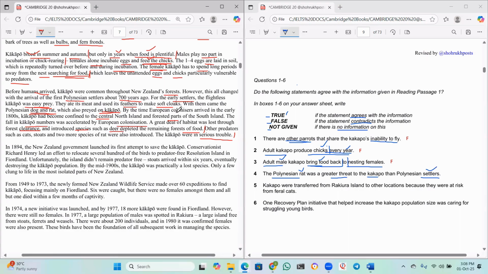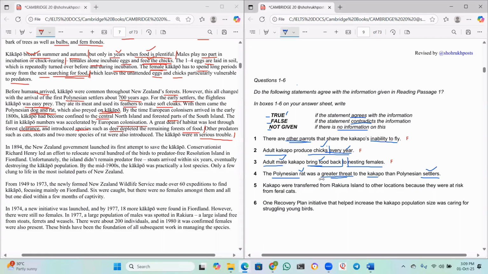Then came the European colonizers. So now, who is a greater threat, Polynesian rat or a Polynesian settler? What is given in the paragraph? Do you think we can answer this with whatever is given in the paragraph? I think there is no sufficient information, because in the paragraph he said that both settlers and rats preyed on Kakapo, but who is a greater threat is not given.